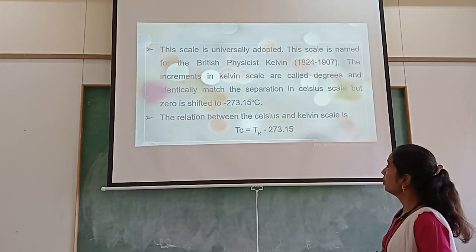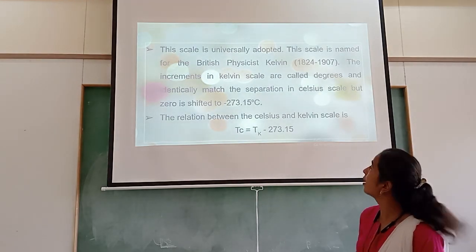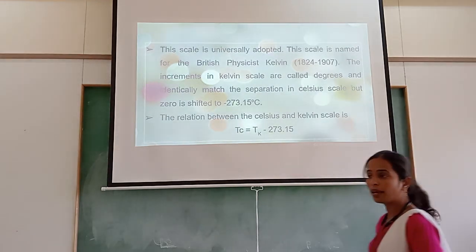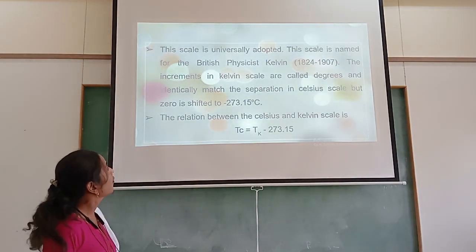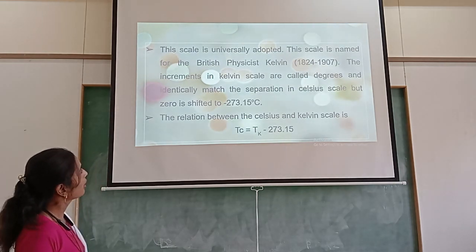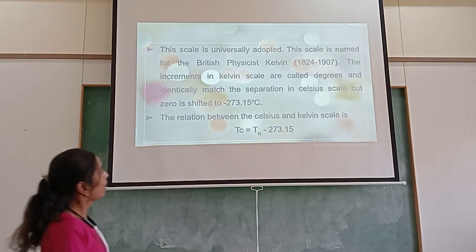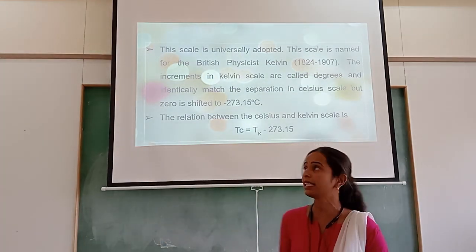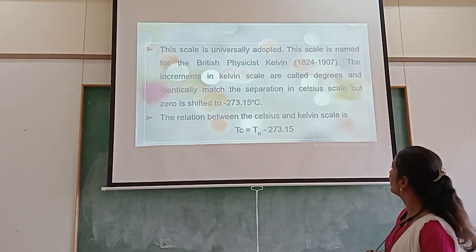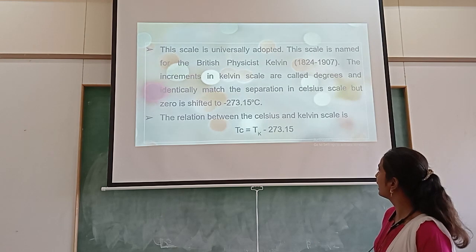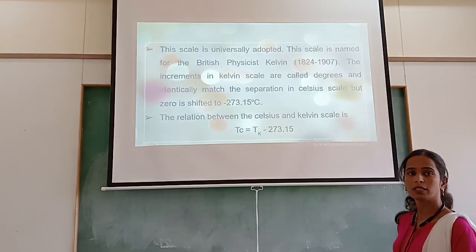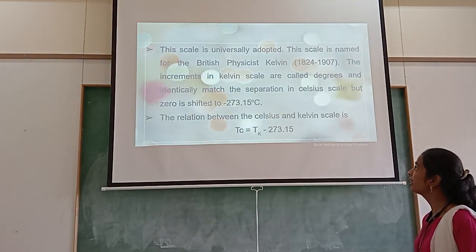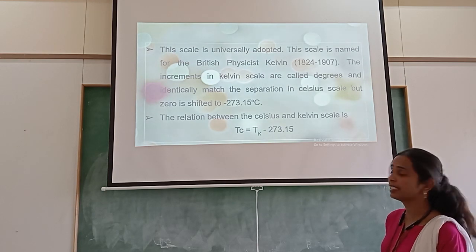Next, these two scales are universally adopted, and another well-known scale is the Kelvin scale. The Kelvin scale was proposed by the physicist Kelvin in 1824, the British scientist Kelvin.